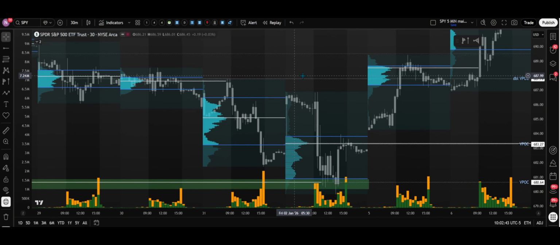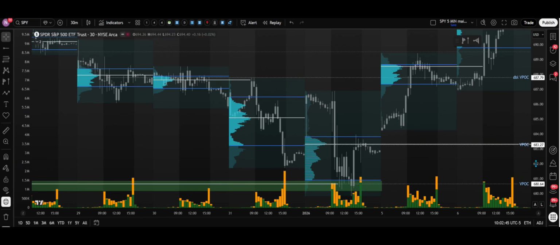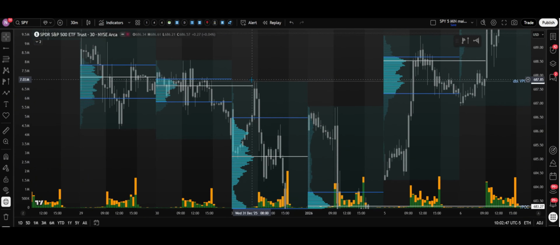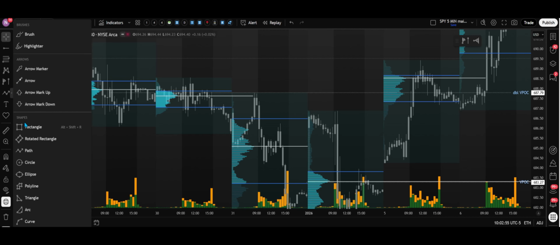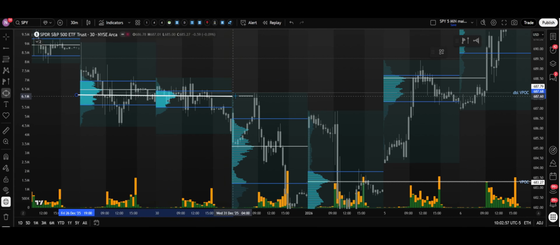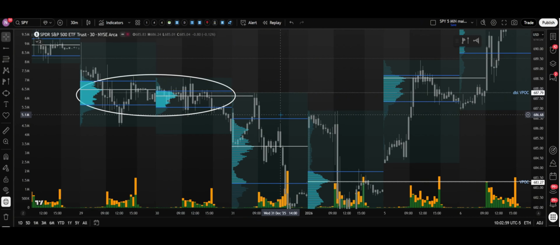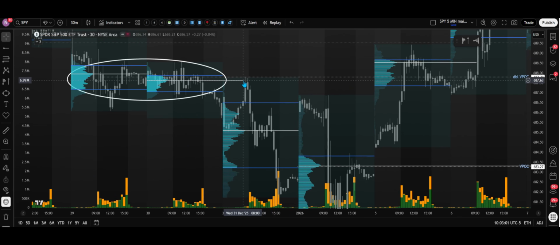But when price almost perfectly touches that virgin point of control, and then hammer candles down, that is the biggest indication that price is done in this consolidation zone. So when you see something like this, you can tell yourself, hey, price is searching lower. It failed to retake that virgin point of control and started falling.